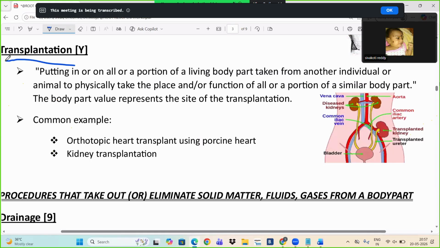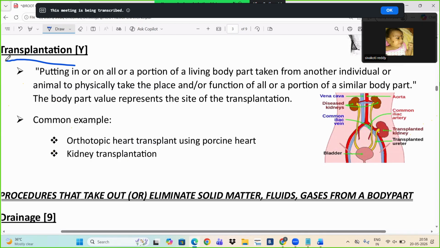Transplantation means organ transplantation. If they transplant any organ, the root operation is considered as transplantation, like lung transplant, liver transplant, kidney transplant, heart transplant.